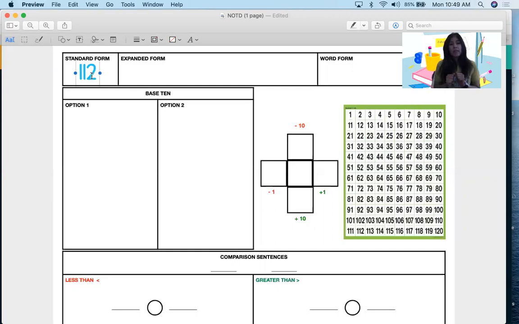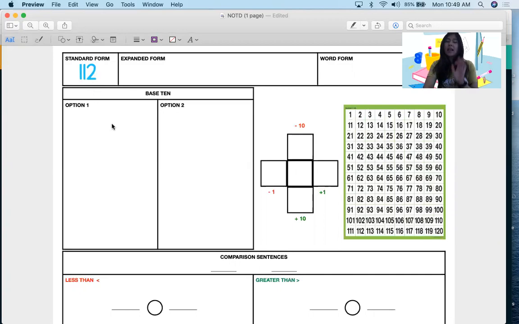The least place value? Ones place. So the 2 represents ones. The 1 in the middle represents tens. And the greatest place value in the number 112 is the hundreds place. So right away, I know that there's 100, 1 ten, and 2 ones.